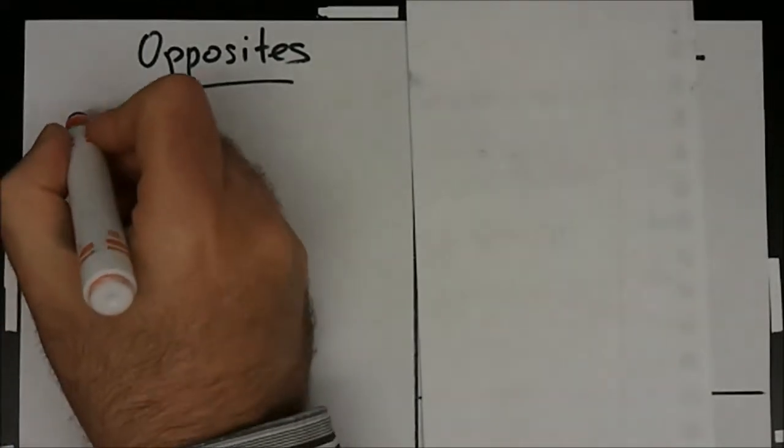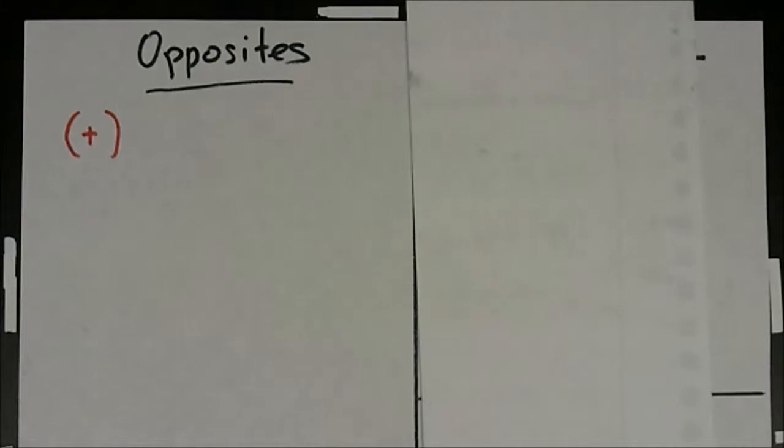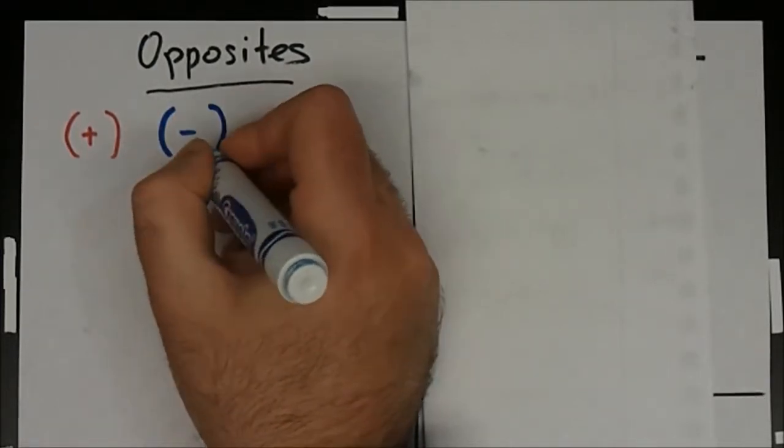The first one that I can think about is addition. In math, we have the operation of addition. Can someone tell me what is the mathematical opposite to addition? Subtraction.